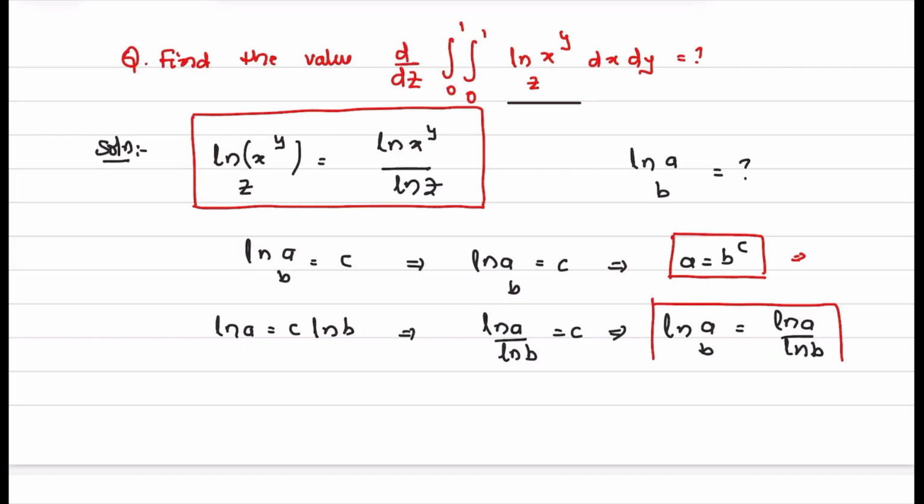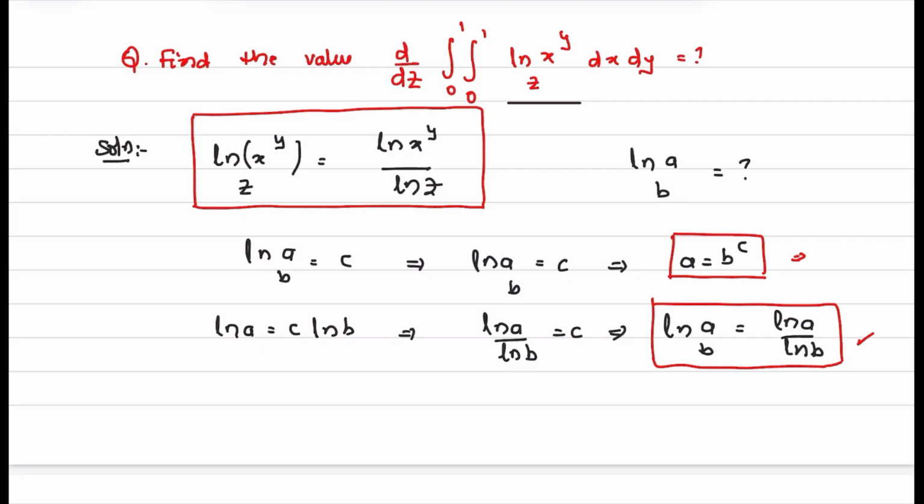Please remember this result. From this, log of x to the power of y to the base z is ln x to the power of y divided by ln z. This is a very important concept. Please remember it, otherwise try to derive it in the examination, whichever is suitable for you.